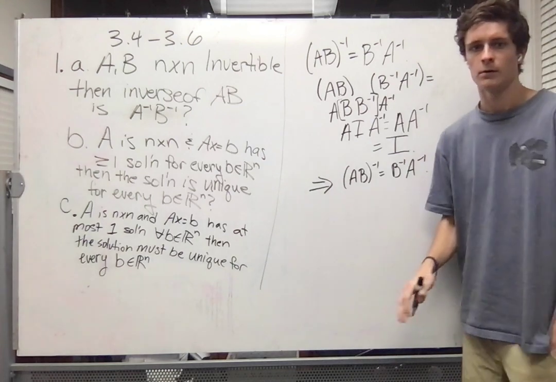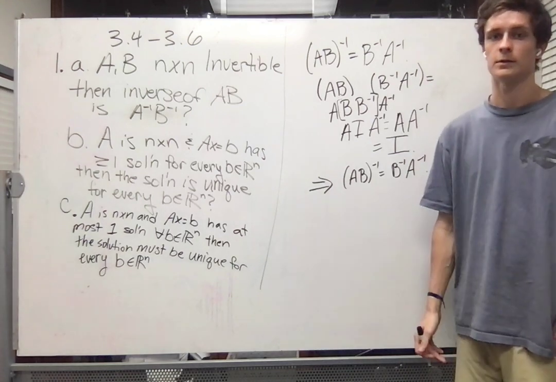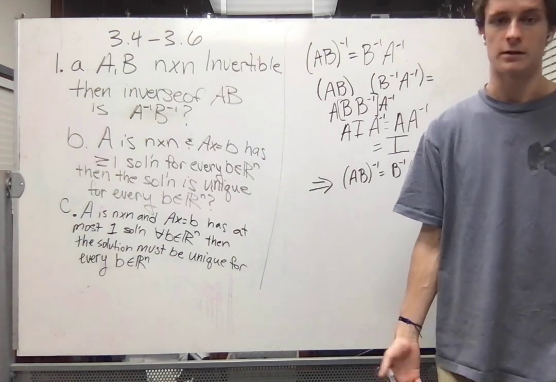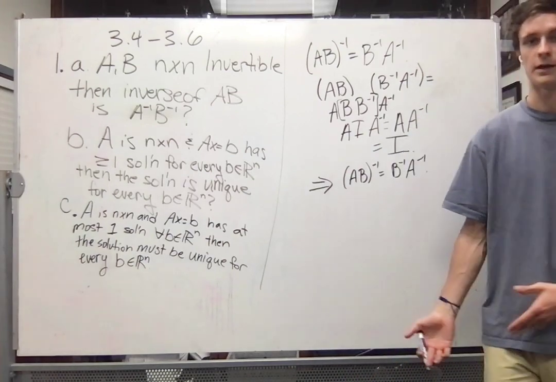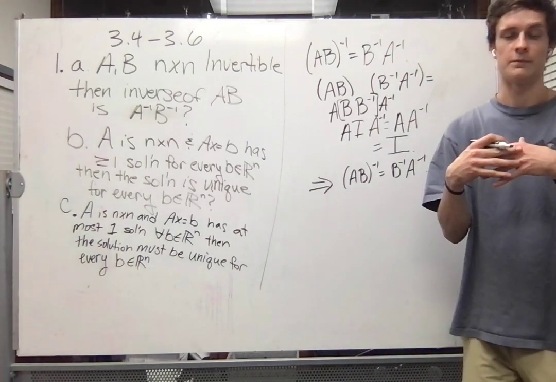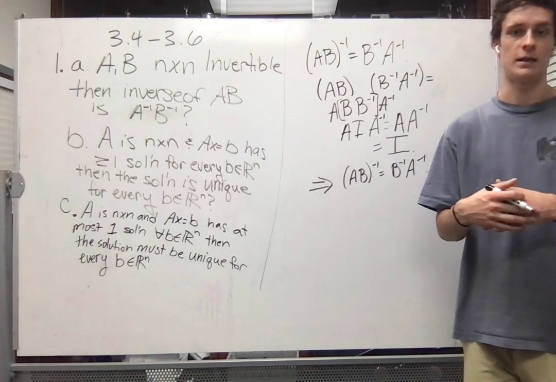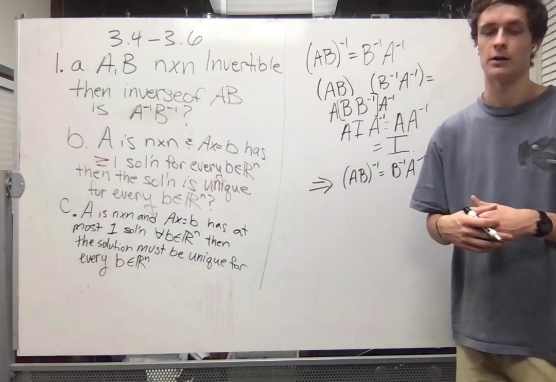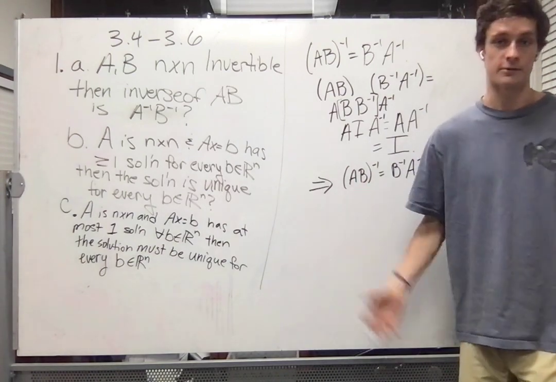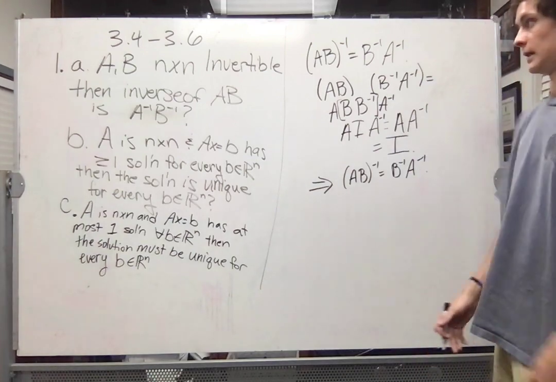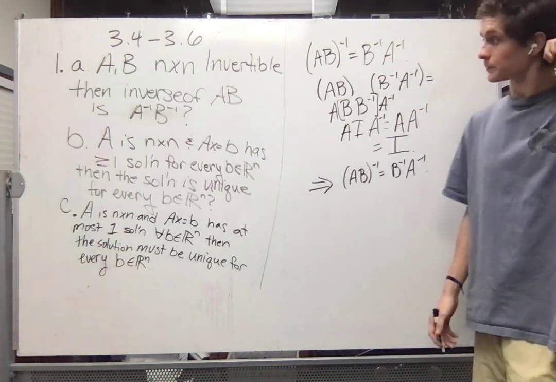So this is a powerful concept. All we have to do to show that something is the inverse of something else is multiply them together, and if it's the identity, then they are inverses of each other. If you don't get the identity, then they're not inverses of each other. It's really that simple.